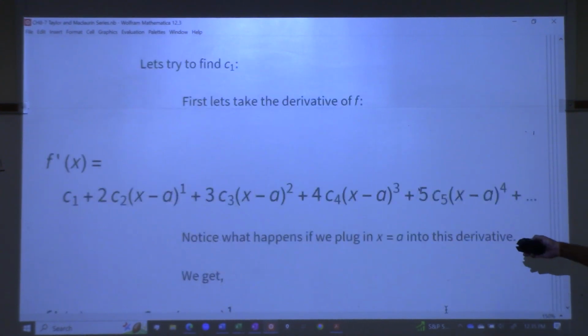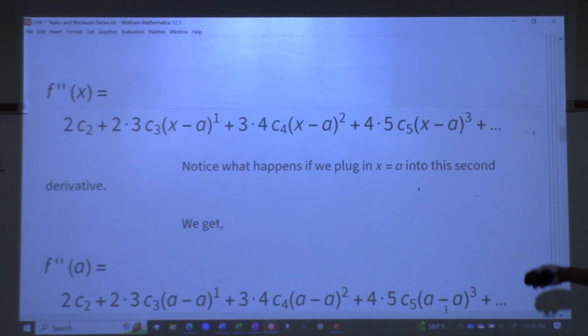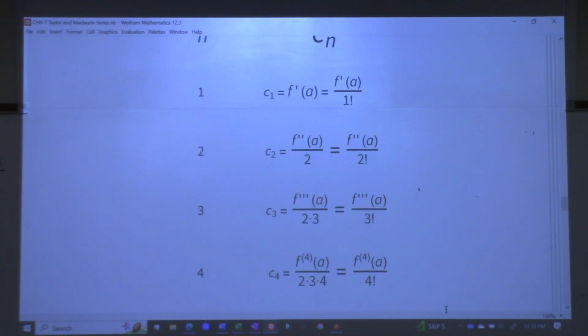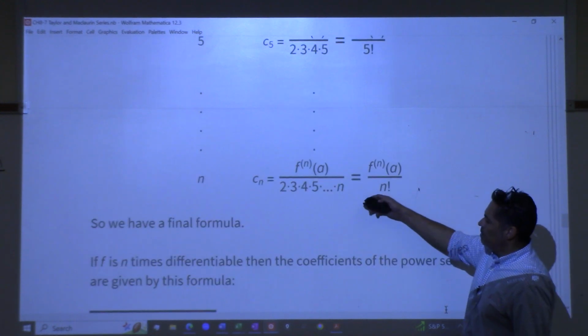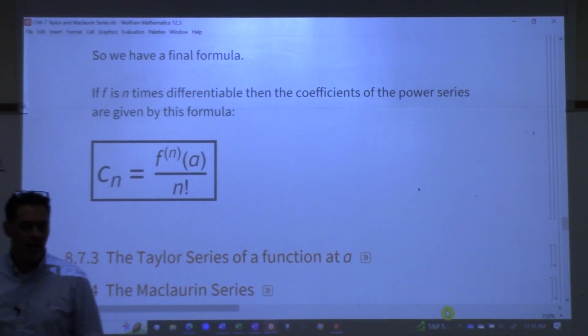So in my notes, I actually go through the whole derivation of how we can get what C1 is and what C2 is. And then you basically come to a point where you have a generic formula. Right, there's my table, and then I say, finally at the end, we get this master formula for C sub n, right?